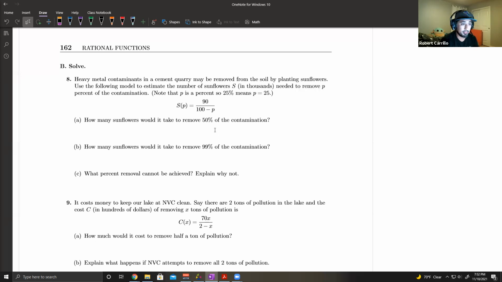They're giving us the rational function S of P equals 90 over 100 minus P. For A, it says, how many sunflowers would it take to remove 50% of the contamination? What would we plug in for P on this one?